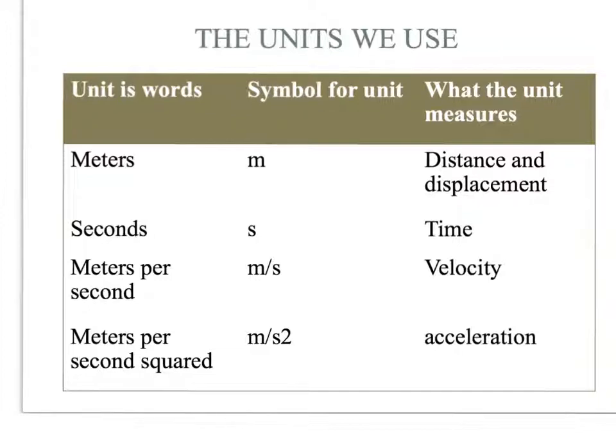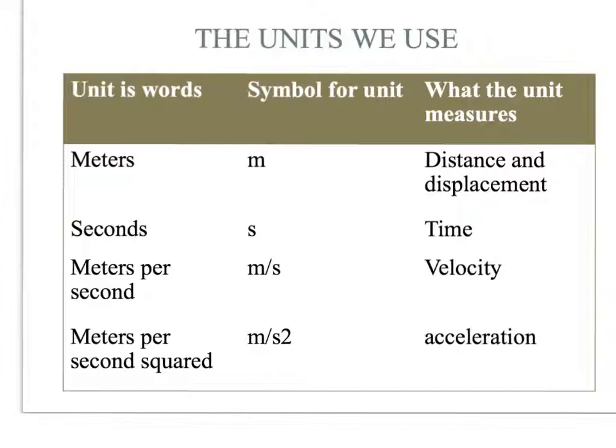So we can have a lowercase m, and depending on where we place it, it can mean something totally different. A lowercase m in an equation would mean mass. A lowercase m behind a number is going to mean meters, and it's going to symbolize that we're measuring either a distance or a displacement. Seconds is a lowercase s and is measuring time.